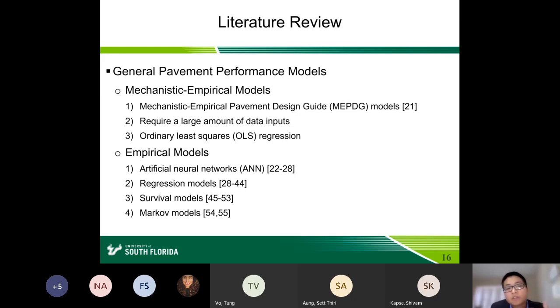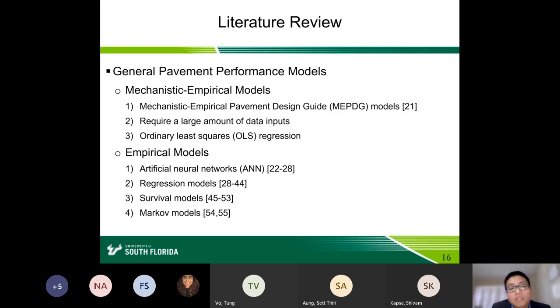The difference between these two is the previous one does not consider the effects of maintenance and rehabilitation activities on pavement performance deterioration. The post-overlay pavement performance models focus on evaluating the effect of the overlay design on future pavement deterioration process.